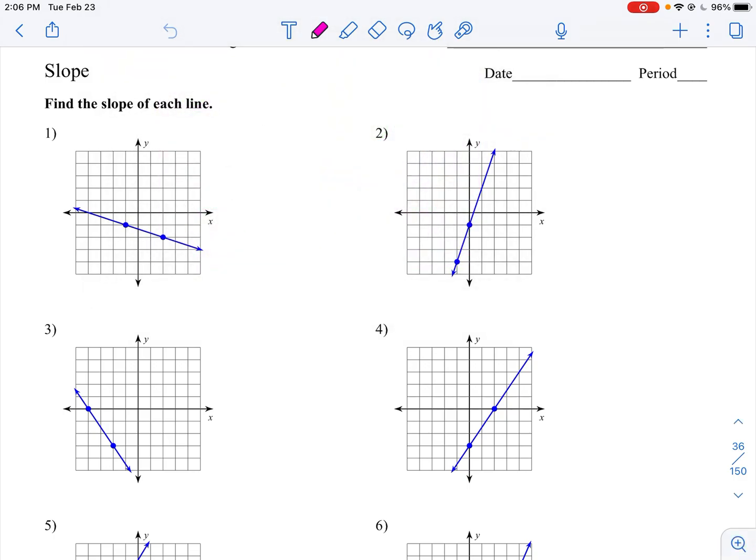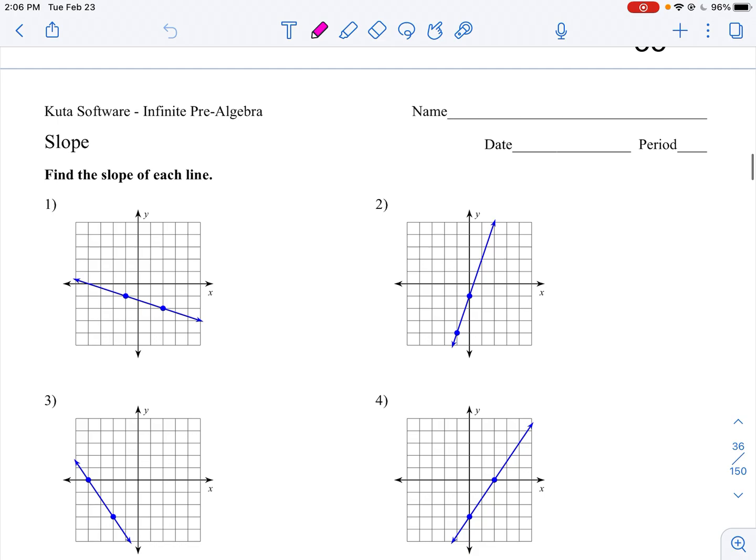Okay, remember that when we learned slope, boys and girls, if as the x's increase the y's are also increasing, or left to right going uphill, then it's positive. If the x's are increasing but the y's are decreasing, then you have a negative slope.